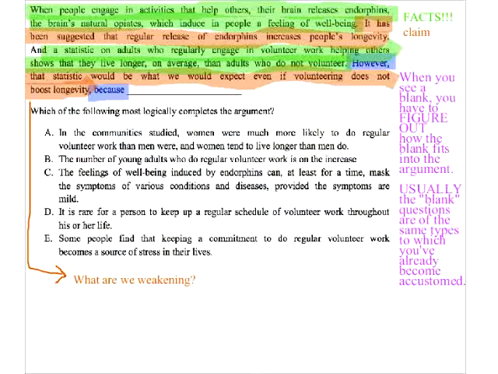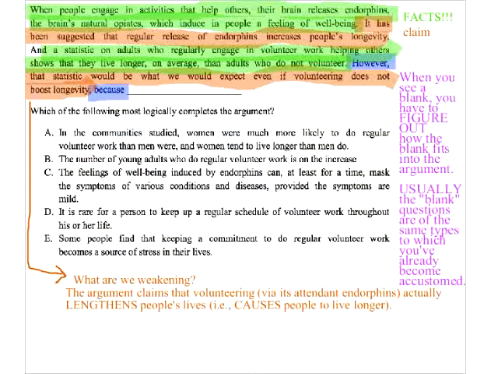In other words, the argument claims that volunteering and its attendant endorphins, in addition to, that's a good way to write that, actually lengthens people's lives. In other words, that it actually causes people to live longer. That's what we're trying to weaken.